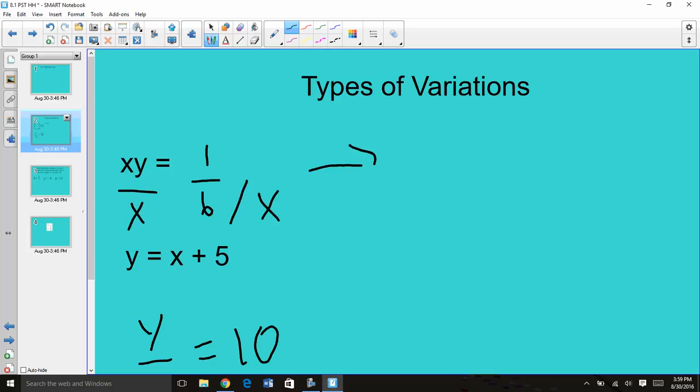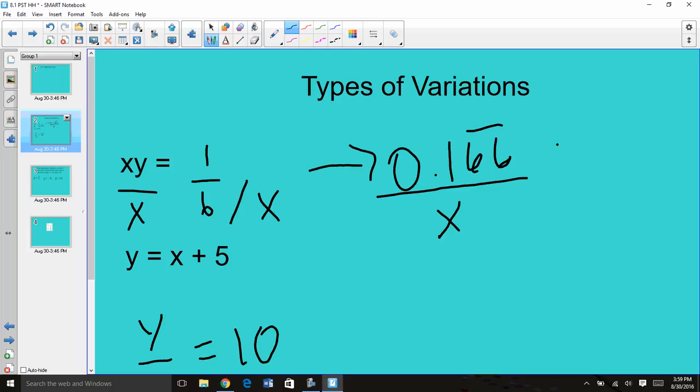So what we have essentially is 1/6 divided by x. And to make this look a little better, we have 0.166 repeating, because that's what 1 divided by 6 is, and that's divided by x. Okay?